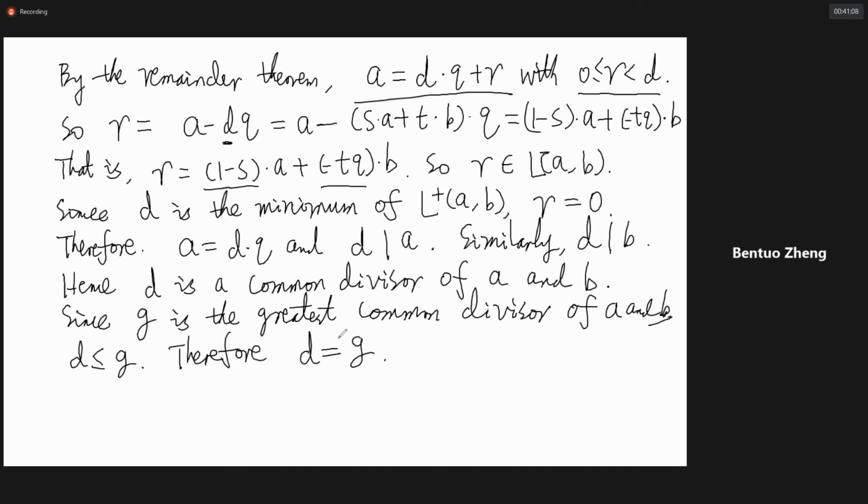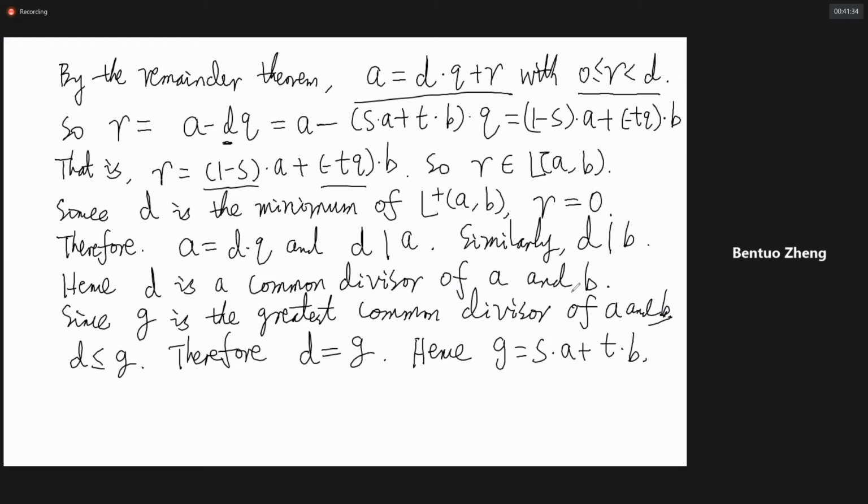But remember, D is the linear combination of A and B. Hence, G is equal to S times A plus T times B, because D is equal to S times A plus T times B. So this finishes the proof.